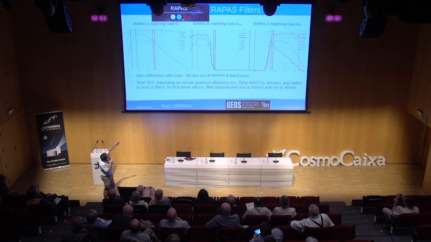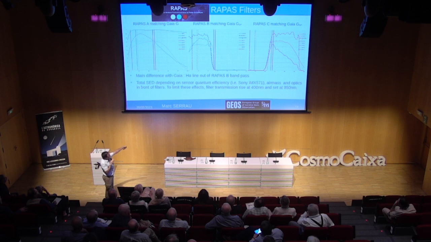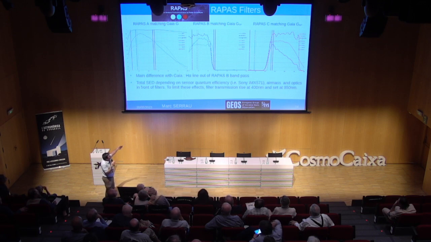For the Gaia BP, we are here. Gaia has the H alpha line in the BP band, like the GRP, but our filters don't. And here is the bandpass we expect.